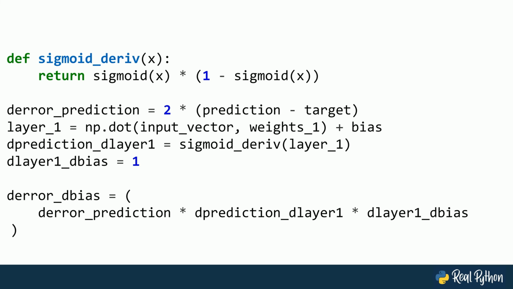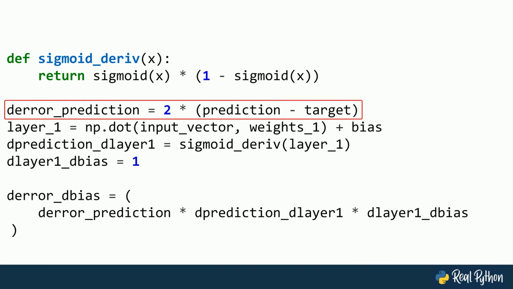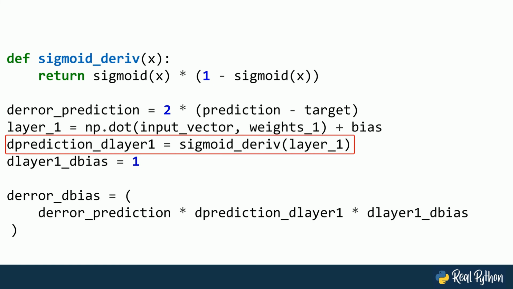Here's what it looks like in Python. First, this function computes the derivative of the sigmoid function. The partial derivative of the error with respect to the prediction is 2x, but x is the difference of the prediction and the target. The derivative of the prediction with respect to the layer is the derivative of the sigmoid, which accepts the output of the layer.